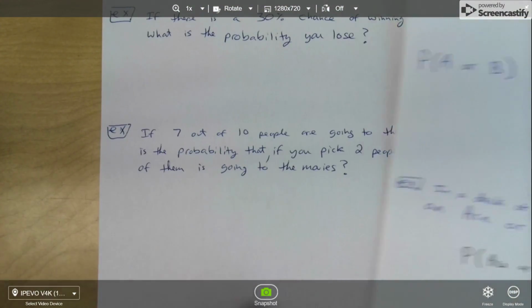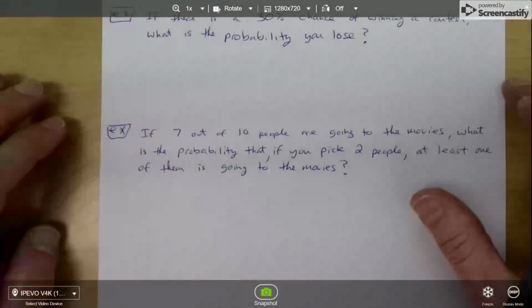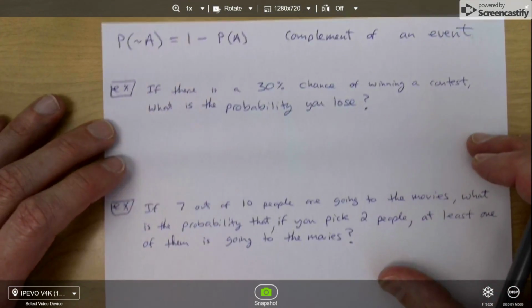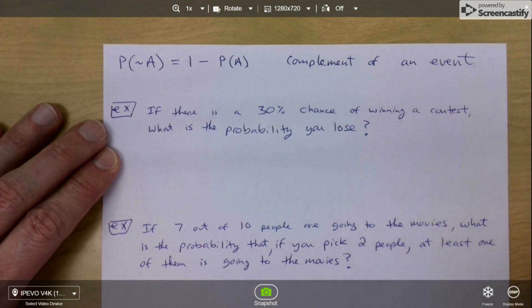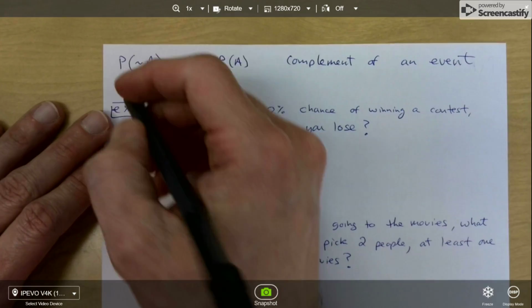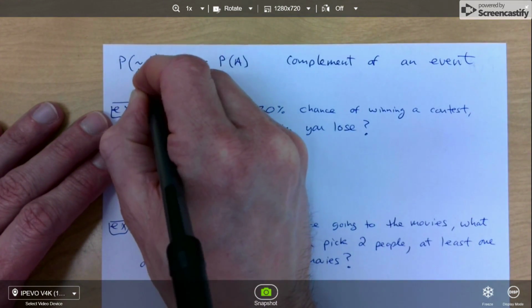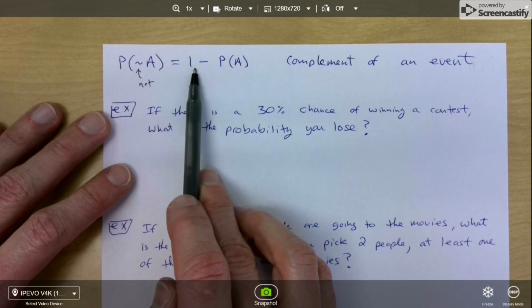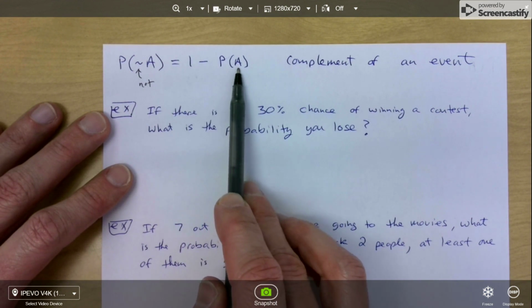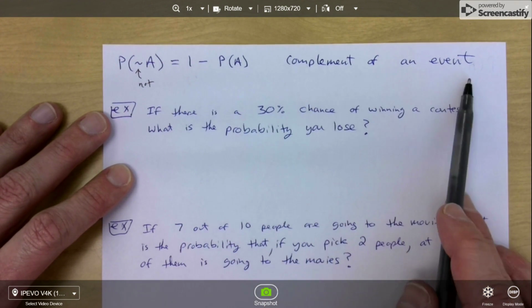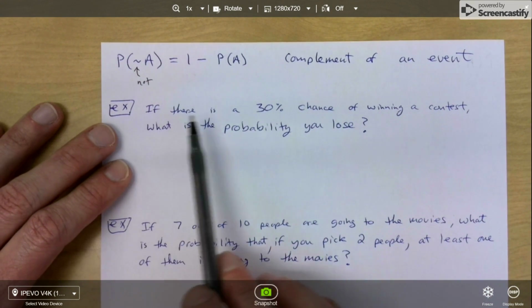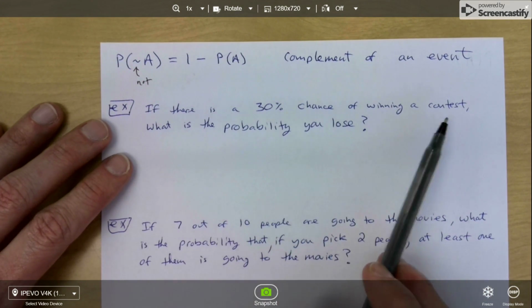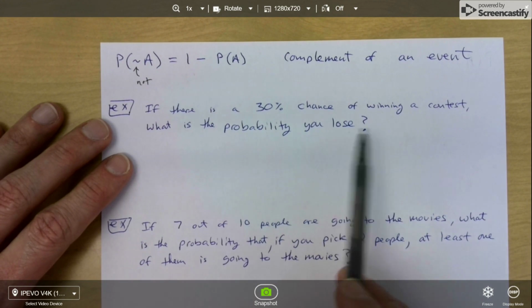All right, last thing. On this last one, we have something called the complement of an event, and you're familiar with this. This little thing means not. All right, so not A, which just means you take 100% or 1 minus whatever the probability of A is. That's called the complement of an event. If there is a 30% chance of winning a contest, what is the probability you lose?